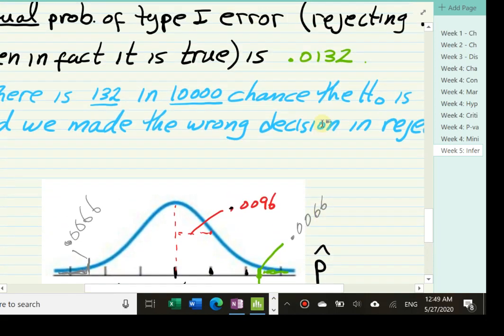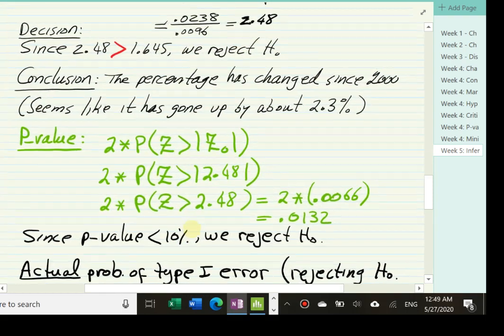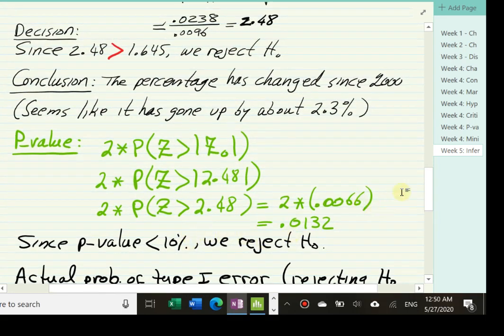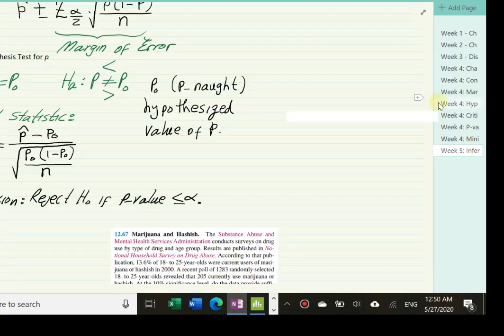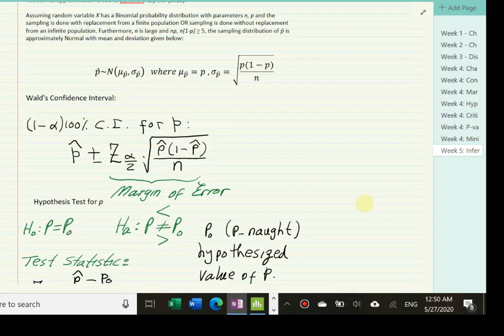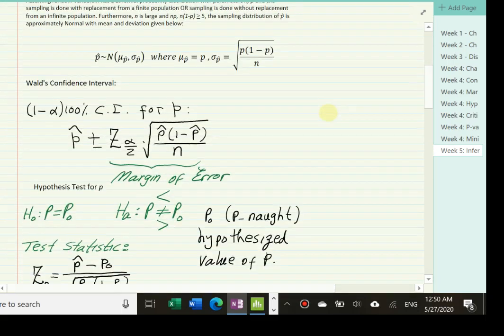So we are pretty much done with one parameter inferences. We did it for the mean, we did it for proportions or percentages, and that wraps this up. Now something about the margin of error.